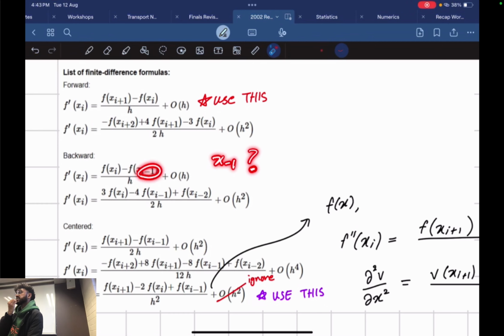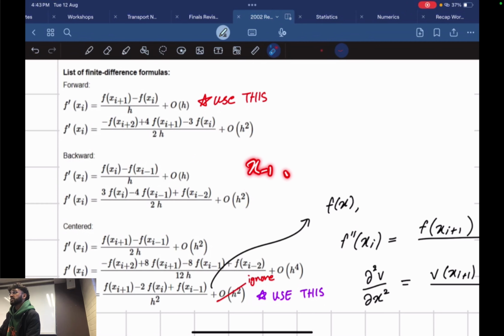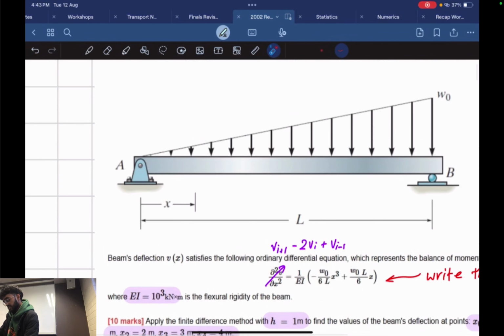Everyone understand? Rifa, what happens when you sub in i equals 0 for this one? Why can't we use it? So we get x of -1, which we can't find. It doesn't exist, because x0 is here, x -1.